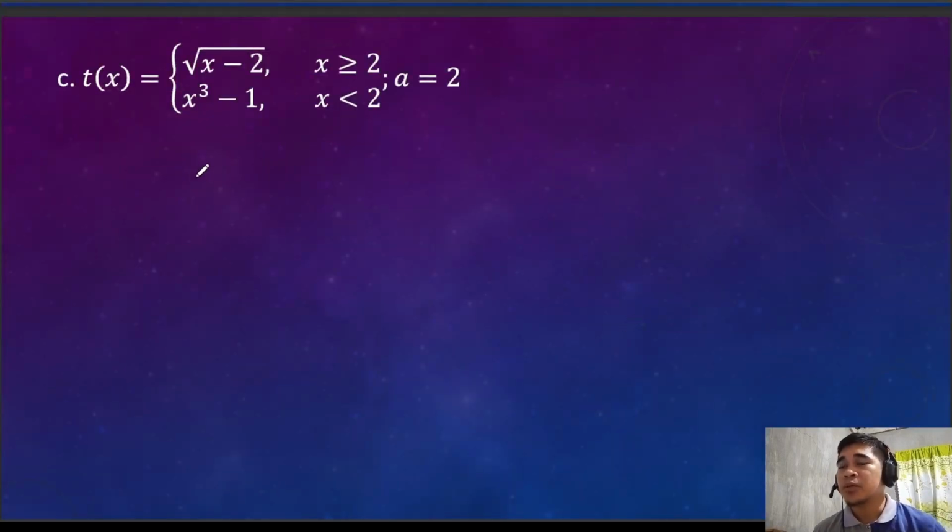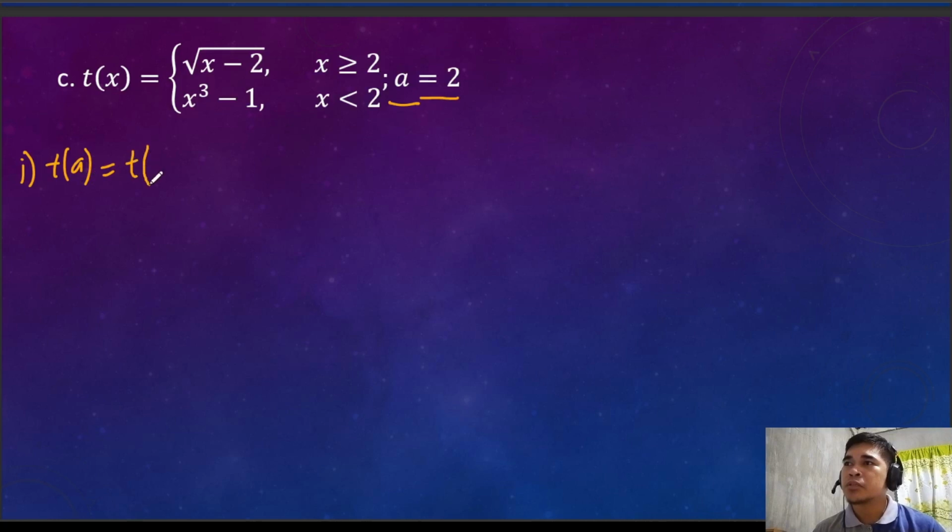Next, we have the last example. T of x is equal to square root of x minus 2 if our x is greater than or equal to 2. And then x cubed minus 1 if our x is less than 2, where our a is equal to 2. So first we need to have our t of a, which is t of 2.